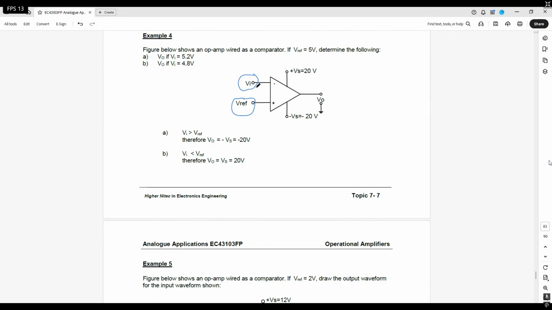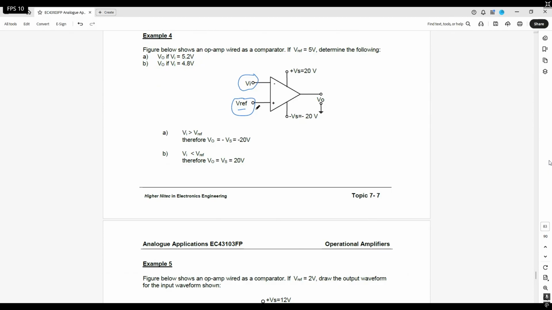So you're comparing VI with the reference voltage all the time. When you compare with something, you must have a reference. Either VI is greater than VREF or VI is less than VREF, depending on what is sent in as VI. VREF is actually maintained at a certain voltage.